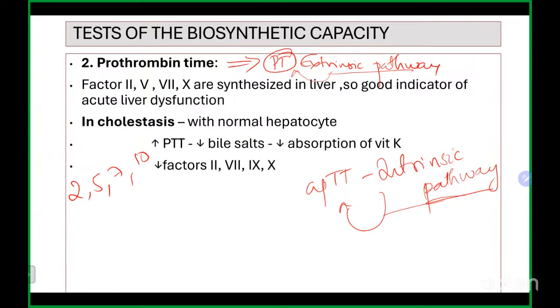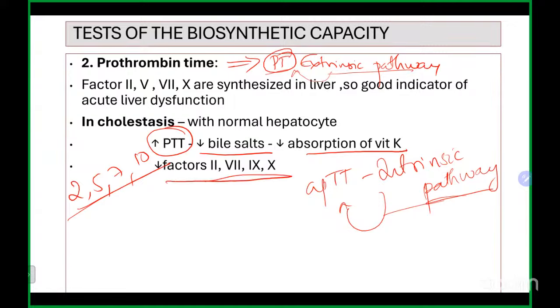So whenever there is acute liver dysfunction, PT and APTT will get prolonged because the production of these factors is affected. Also in cholestasis, even with normal hepatocytes, because there are decreased bile salts and decreased absorption of vitamin K, you can still have a raised PT because vitamin K dependent factors are also affected.